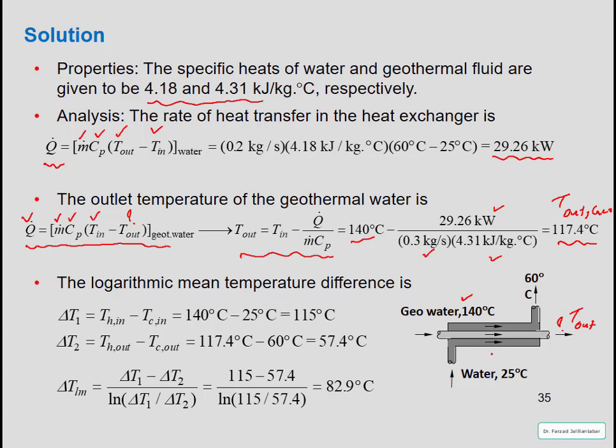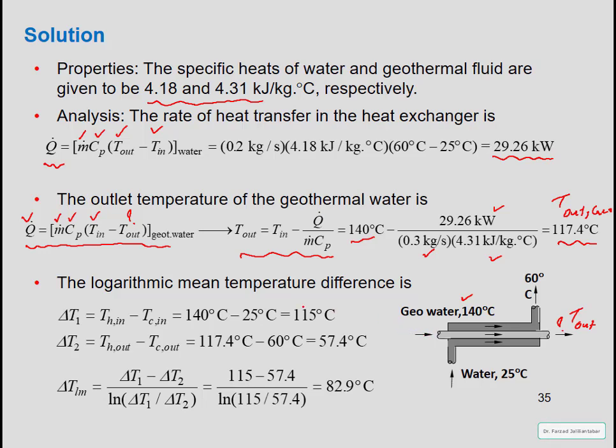Now we have the four temperatures: the input and output temperature of the cold water, and the input and output temperature for the hot fluid, or geothermal water.